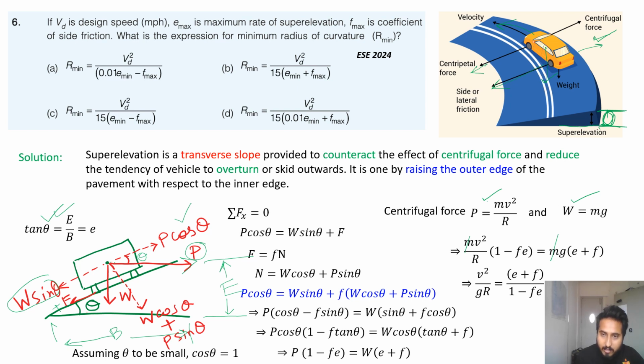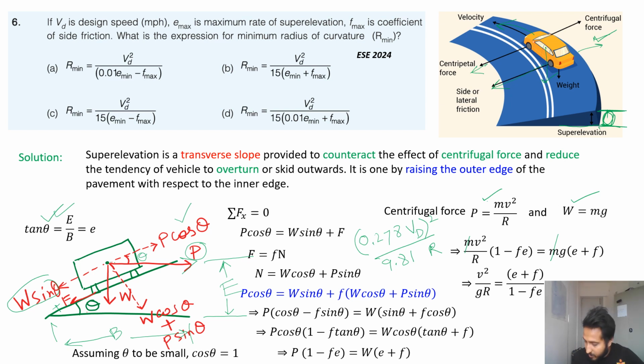Now if v is given in kilometers per hour, then we have 0.278 vd in meters per second, squared, divided by g, which is 9.81, and r. Simplifying 0.278 square by 9.81, we get 7.87 into 10 to the power minus 3.